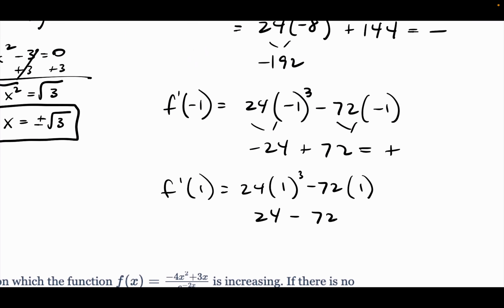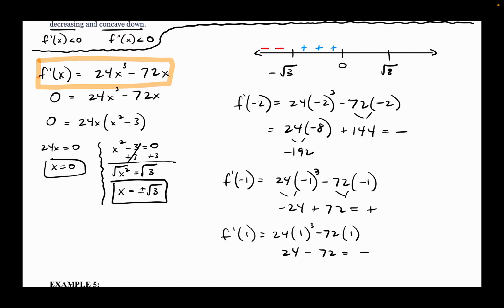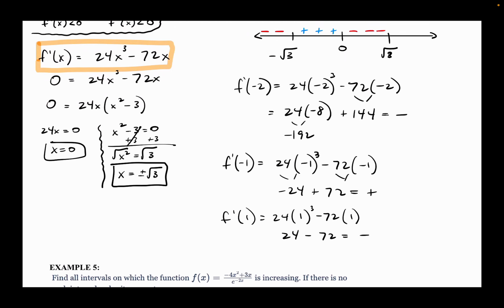So you get 24 minus 72, so that's going to be negative again. Bigger than square root of 3, so 2: 24 times 2 cubed minus 72 times 2. This one's going to be positive because 24 times 8 is 192 minus 144 is positive.